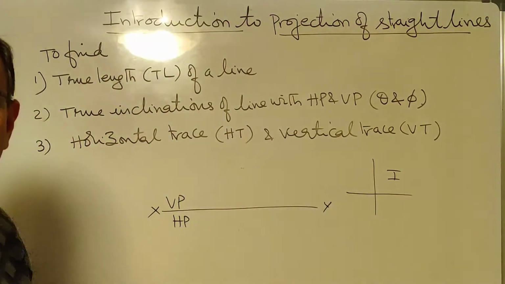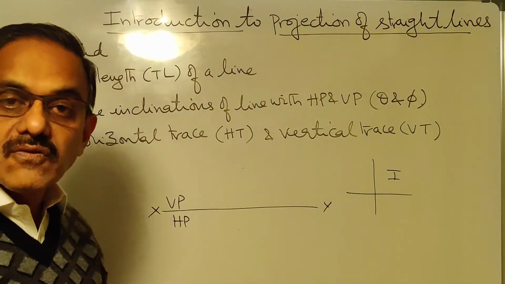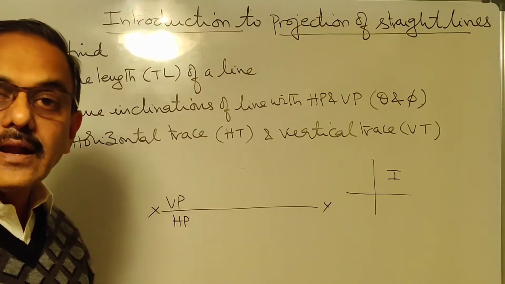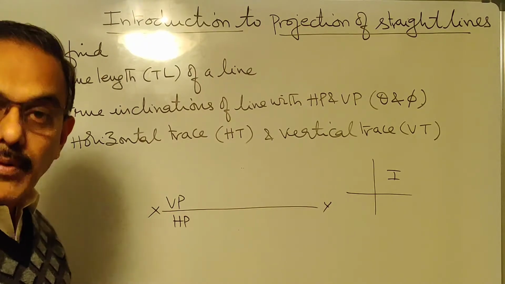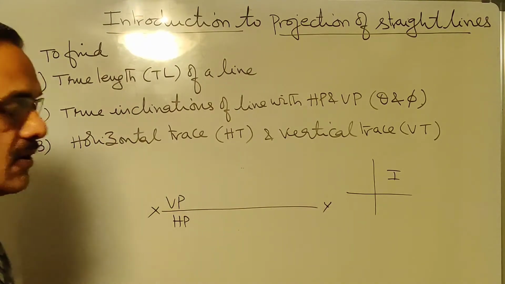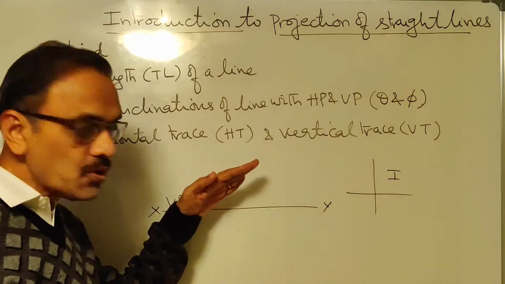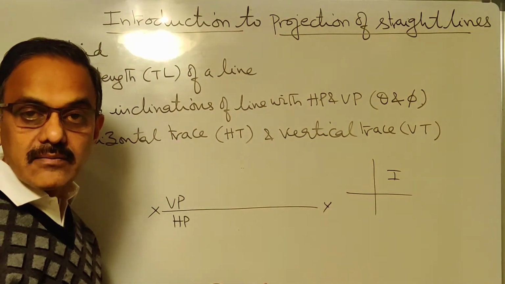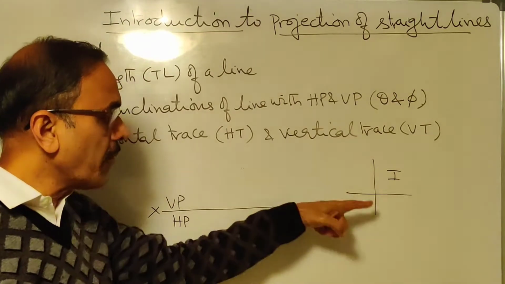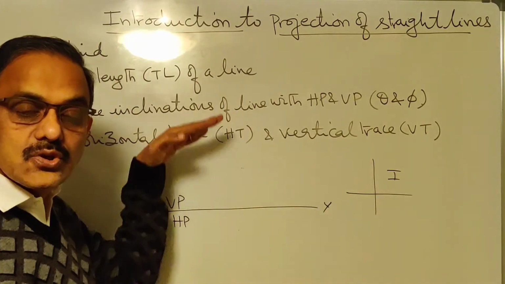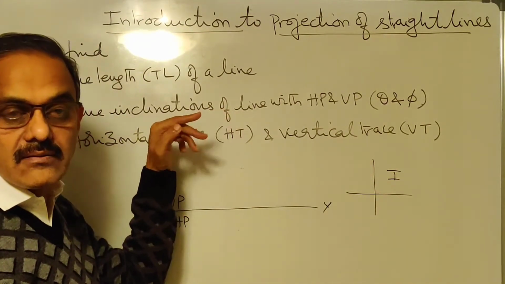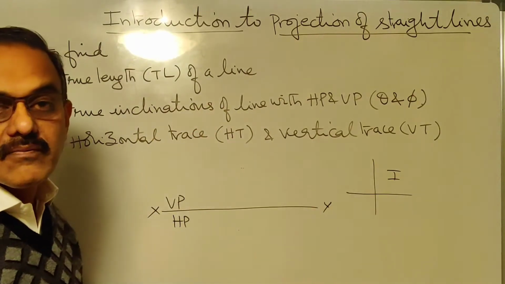So this is fixed now. The line is going to be in front of VP always, and it is going to be above HP. So in front of VP means the top view is going to lie below XY. And above HP means the front view is going to lie above XY. So this is fixed now.